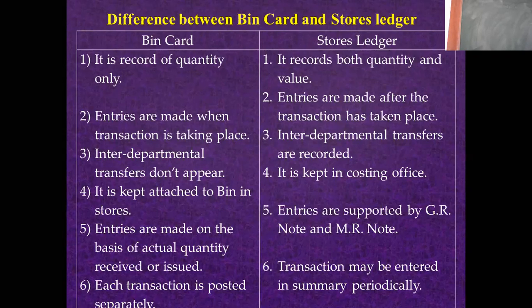Not daily. The store ledger is in the accounting department, and the storekeeper gives the information to the accounting department weekly, monthly, quarterly, or fortnightly. Therefore, the store ledger is maintained periodically.